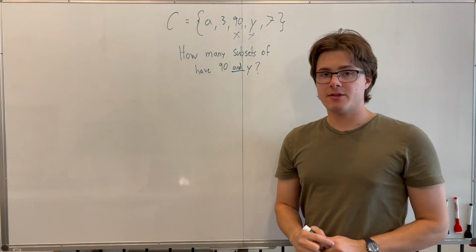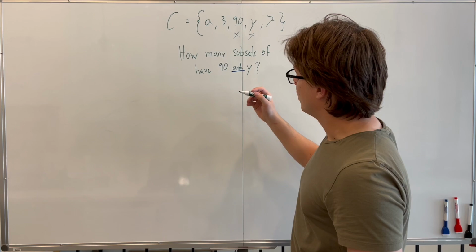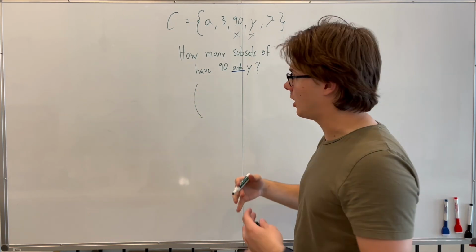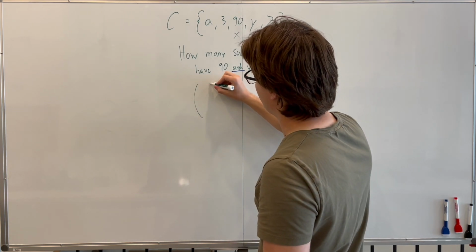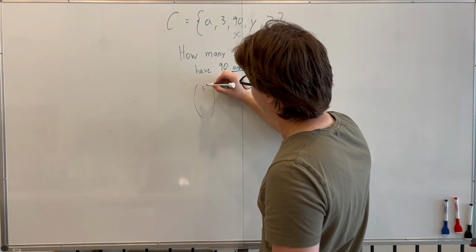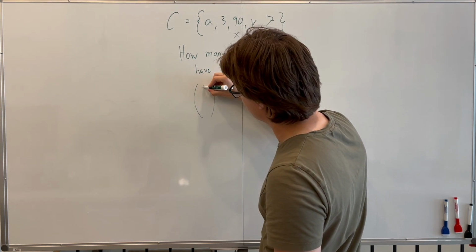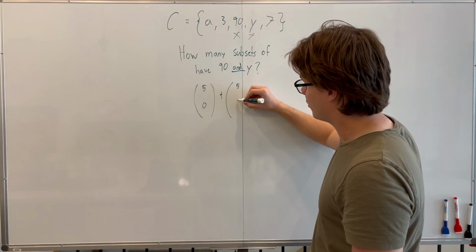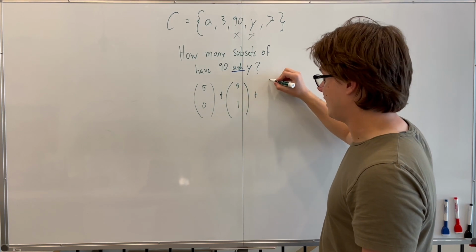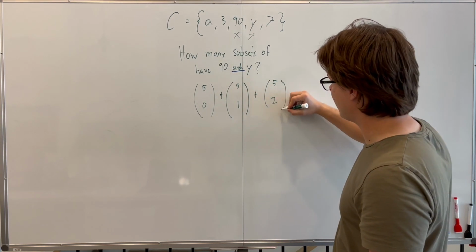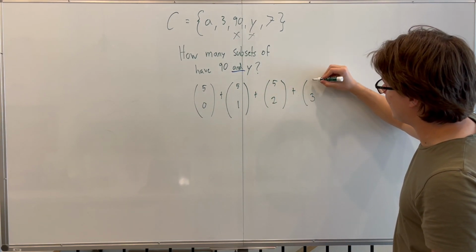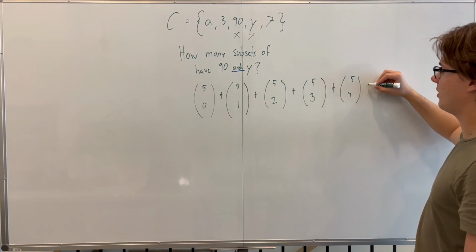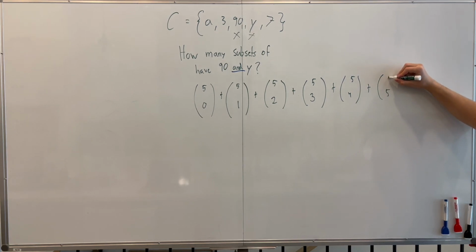With our choose method, let's remind ourselves that originally, when we said we had all of these subsets, we wanted to choose all of them. We can choose none out of the 5, which is 5 choose 0, and we can choose 1 out of the 5, 2 out of the 5, 3 out of the 5, 4 out of the 5, and 5 out of the 5.